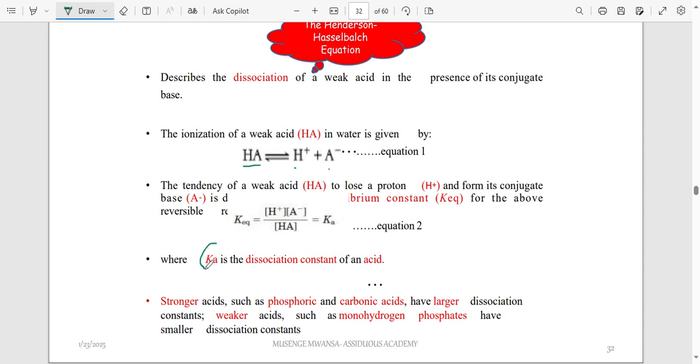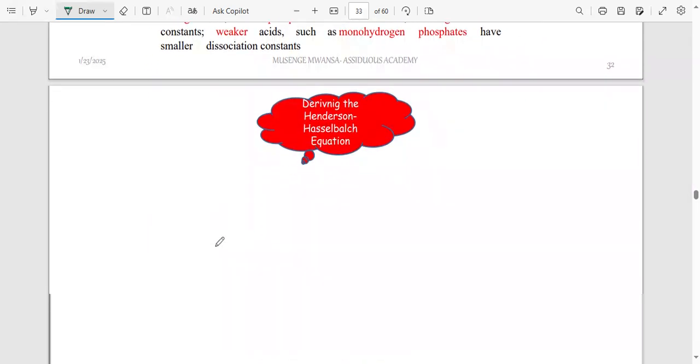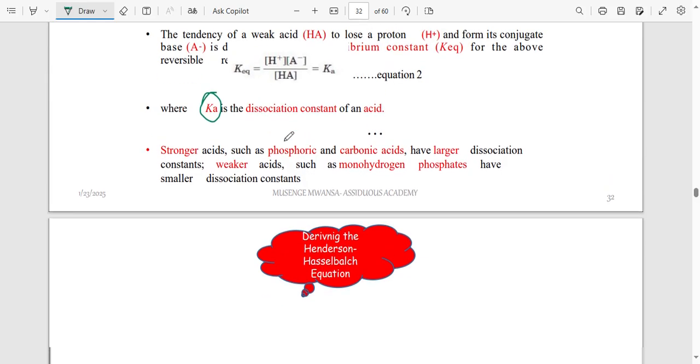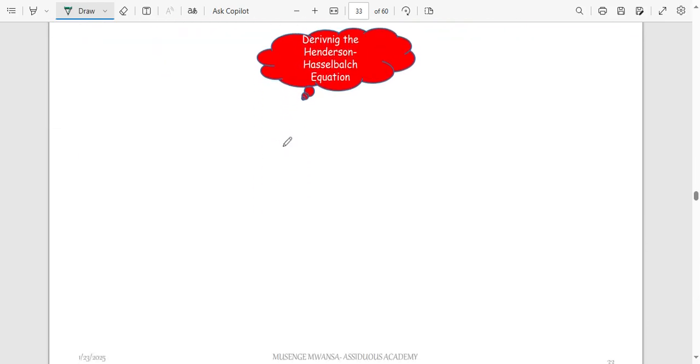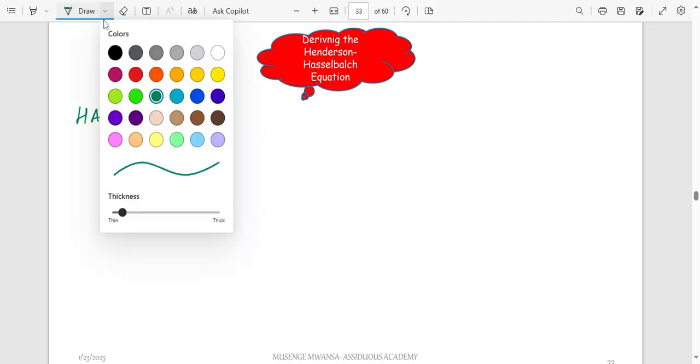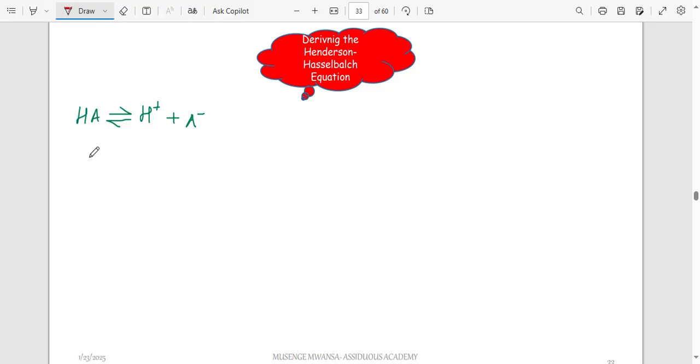Take note that Ka is the dissociation constant of an acid. When you have got a monoprotic acid, an acid that has only one proton, and it's a weak acid, it dissociates into H plus and A minus. You can find the acid dissociation constant, which is Ka.